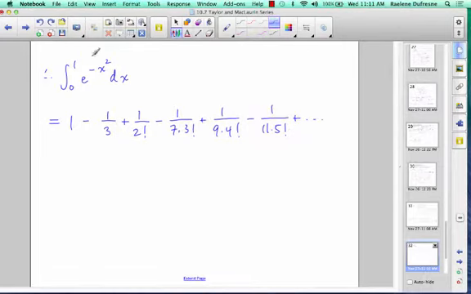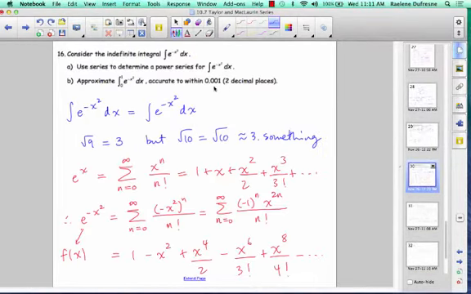And of course, this is an exact value expressed as an infinite series, but we want to approximate it according to the instructions, accurate to within 2 decimal places, which means that the first digit that can change between the two values, exact and approximate, is the 3rd decimal place.